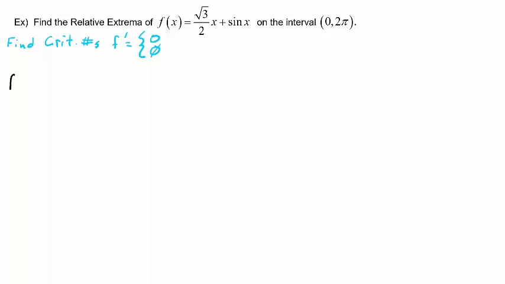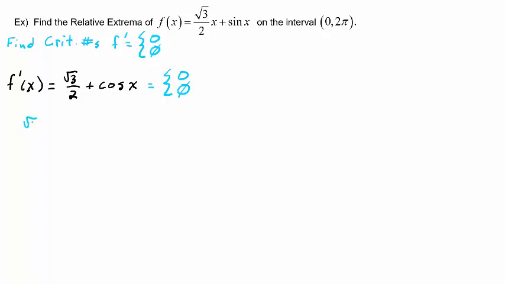So let's find f prime of x. The derivative of radical 3 over 2 x will be radical 3 over 2. The derivative of sine of x is cosine of x, so we add cosine of x, and we want to know whenever that's going to be 0 or does not exist.